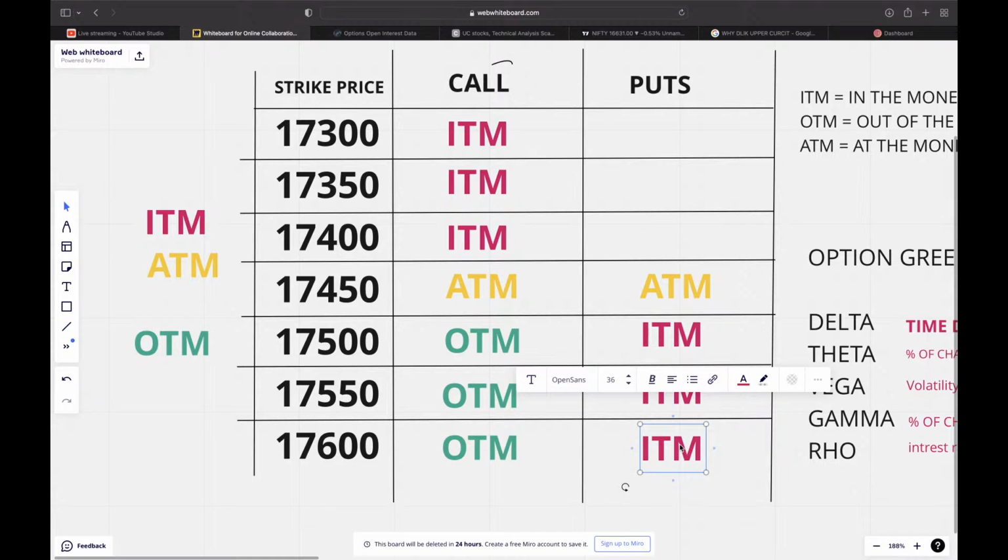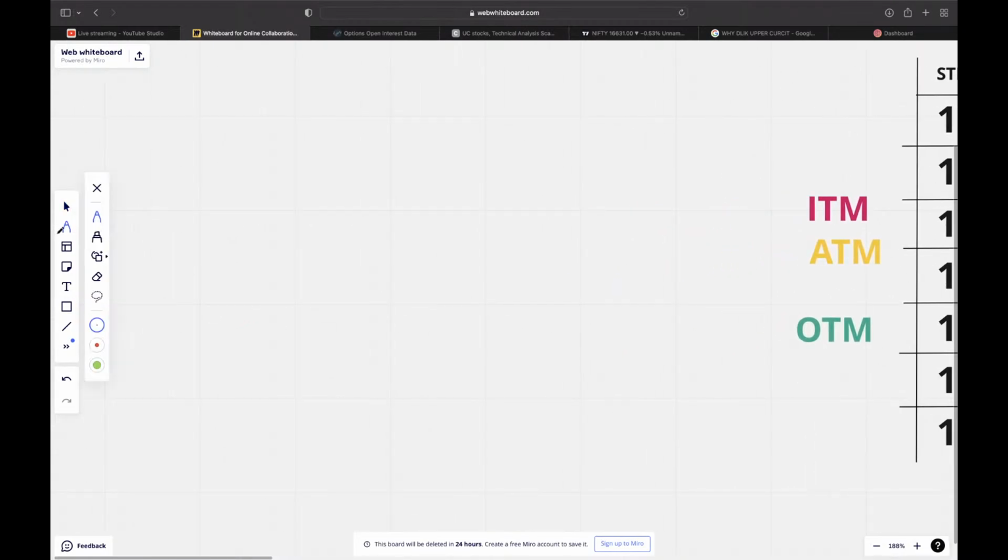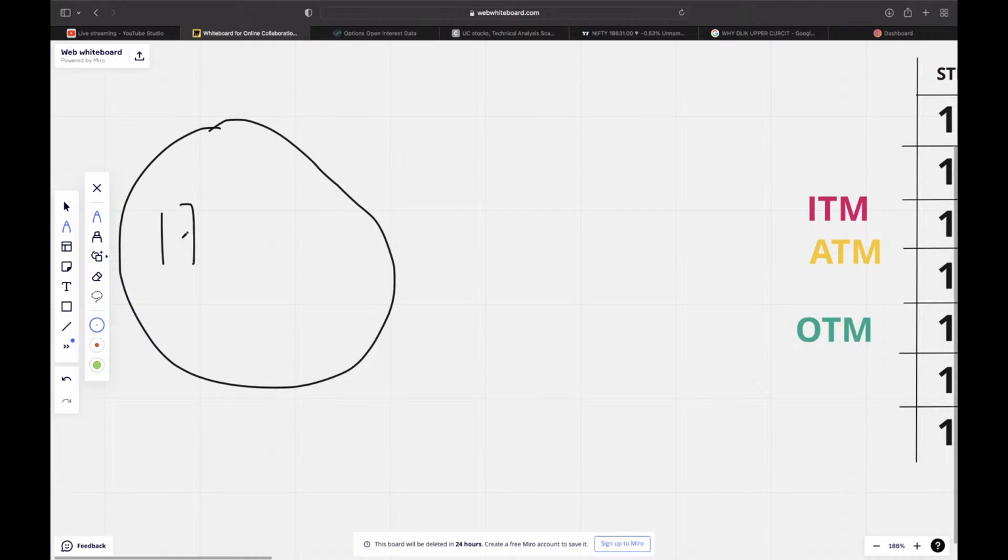It is just inner and outer value, nothing else. Let's do this, easy for you. This is 17,450. Now tell me, if I want to place this 17,400, inner, will I place it inside this or outside?